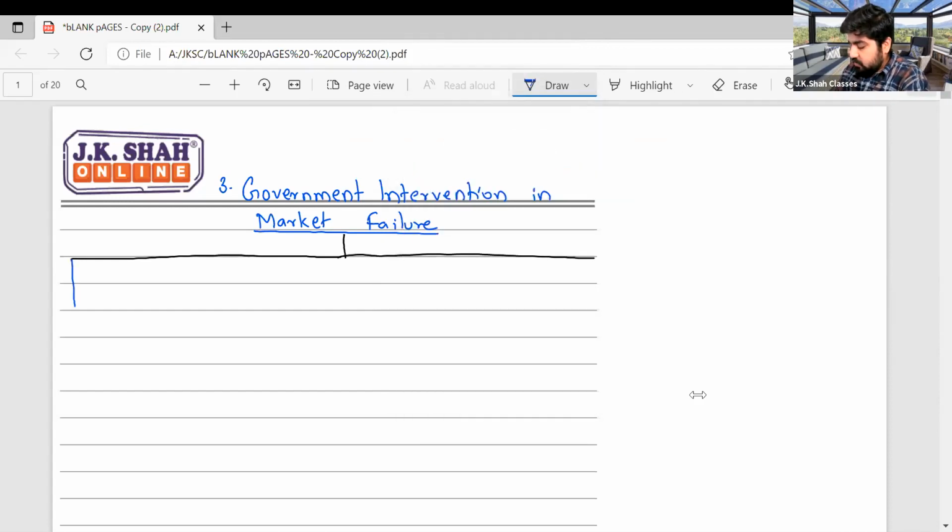First thing that we are going to understand here is government intervention. I'm using a short form, students, because this is going to be repetitive. You can also use that.